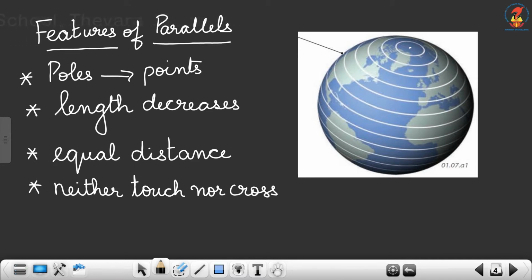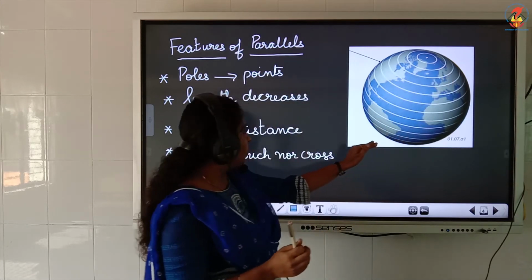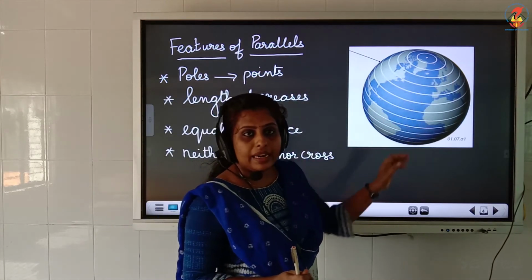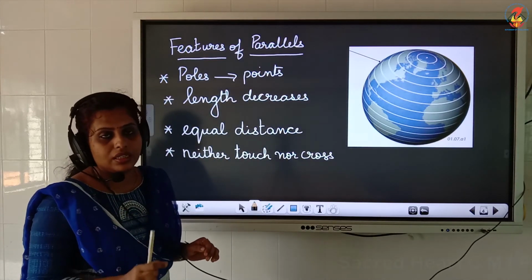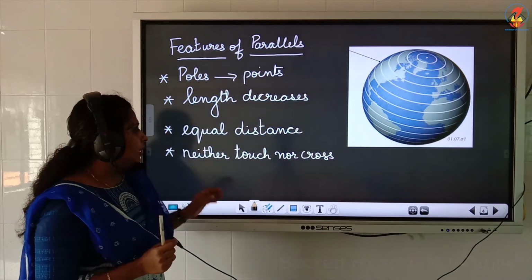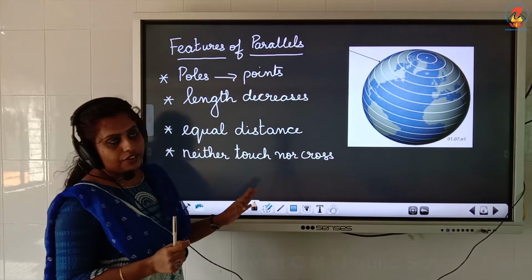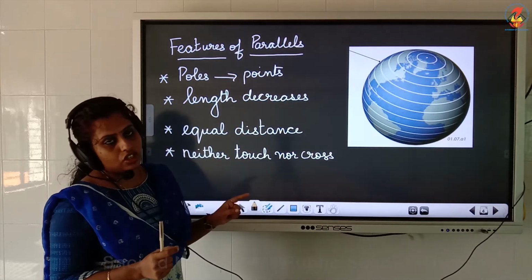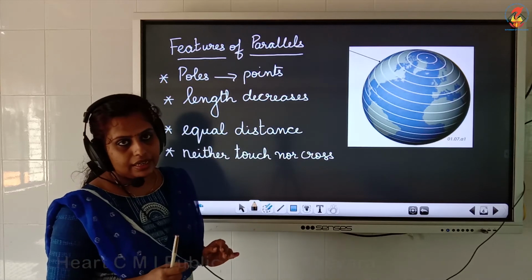Now the next one, as the parallel moves away from the equator, the length of the parallel decreases. The third point was that all the parallels are placed equidistant, or they have equal distance of 1 degree. The last feature is neither of the parallels cross each other or touch each other. They are standing independently.